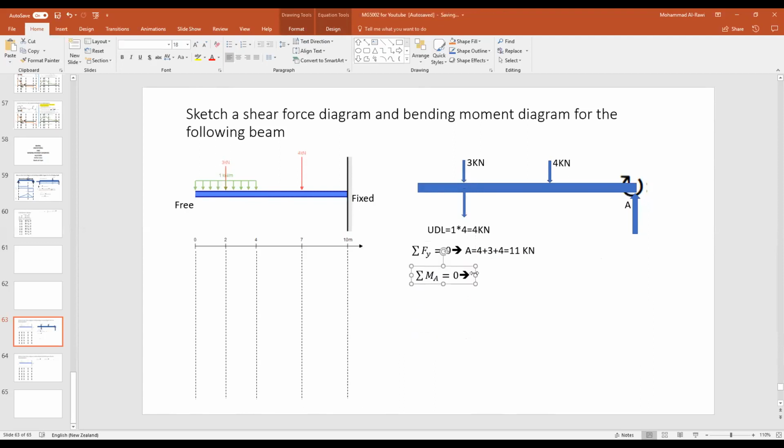Now, we take a moment about point A. And from that moment, we try to find the impact of the force or the moment here, which we call moment A. All right, so please pay attention here. It's very, very important.